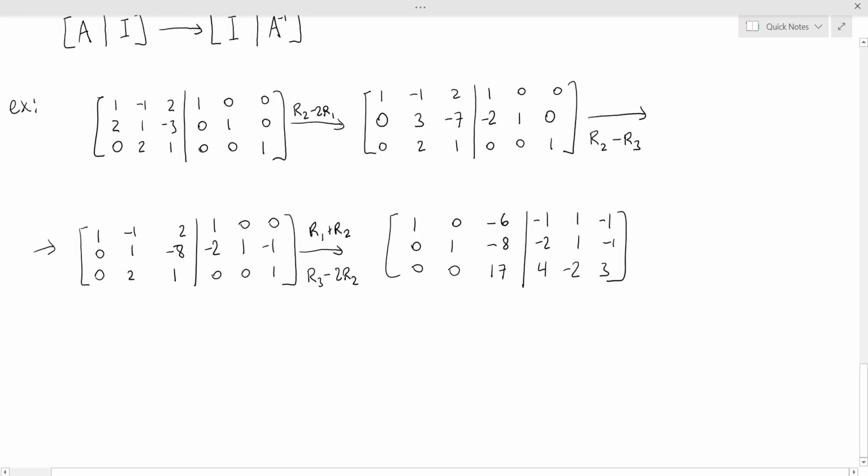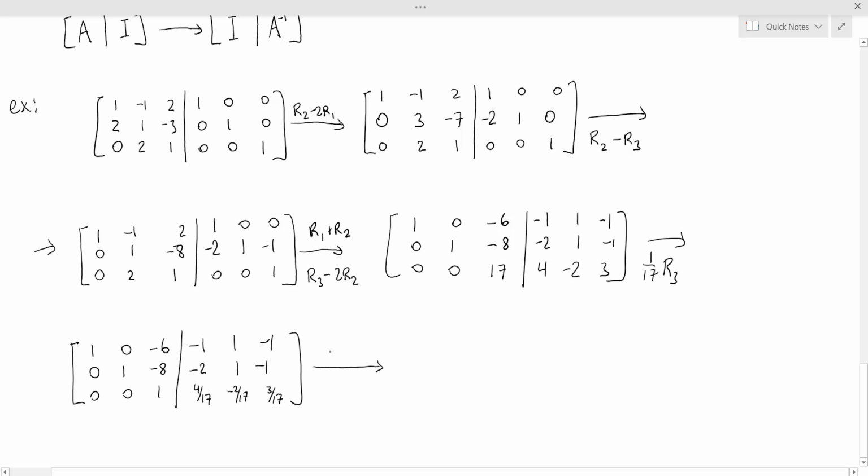So now, let's see here. I'll go ahead and make this 17 a 1. So I'm going to just multiply row 3 by 1 over 17. And finally, we'll do row 1 plus 6 of row 3 and row 2 plus 8 of row 3.